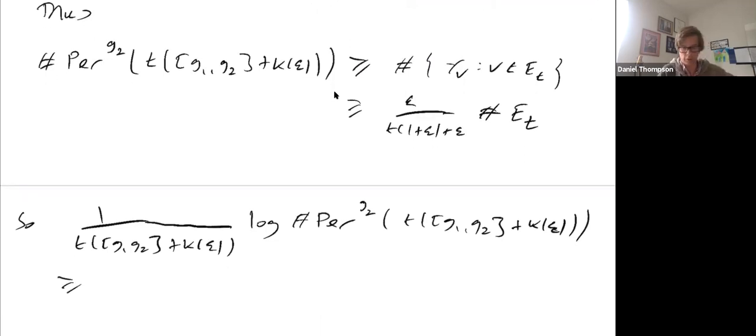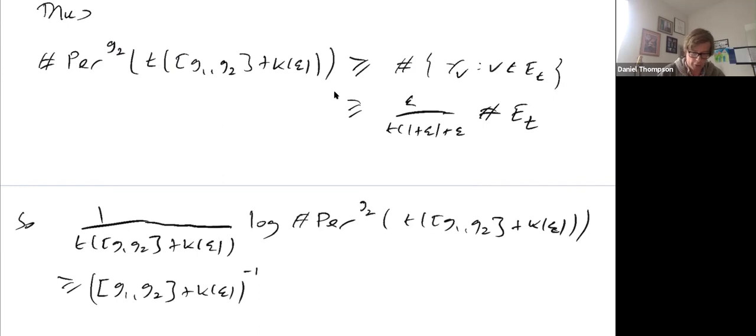Greater or equal to, what have I got? G1, G2 plus K epsilon minus 1, right?